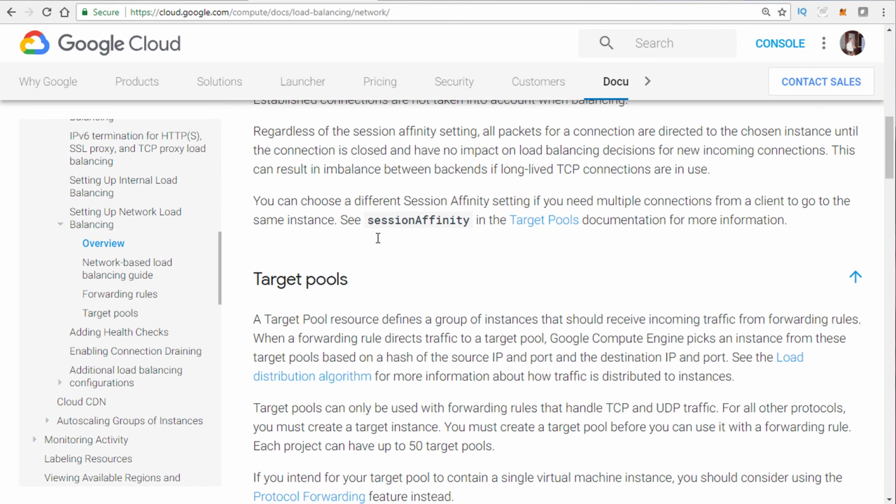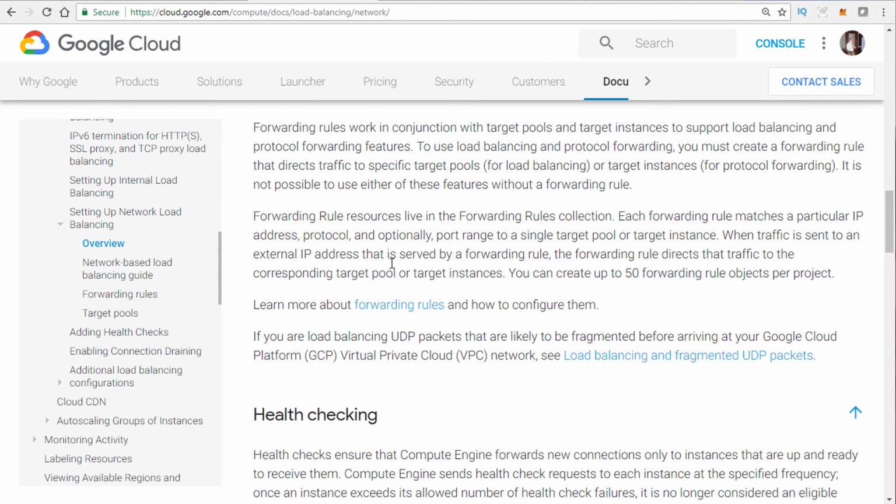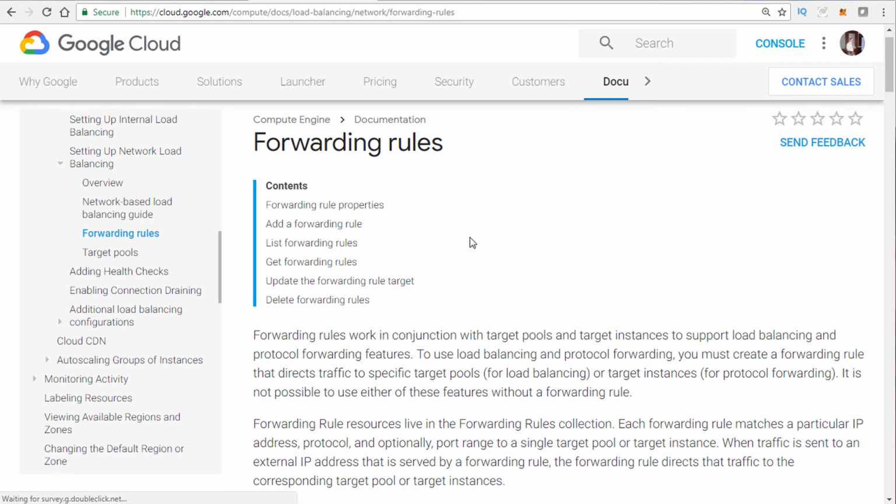Another thing, let me look at my notes before I forget. Okay, now as far as forwarding, now here it is. You need to understand load balancing and forwarding.